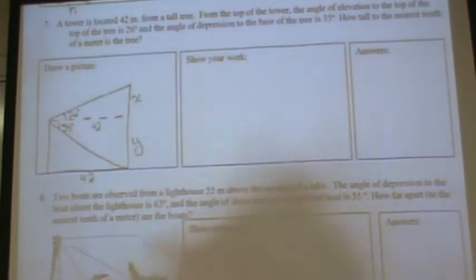So we have two right triangles. This is going to be the x portion, this is going to be the y portion. You'll find both of these sides, add them together to give you the height of the tree. So we have an angle, we're looking for this side, and we know that our horizontal is also 42 meters.